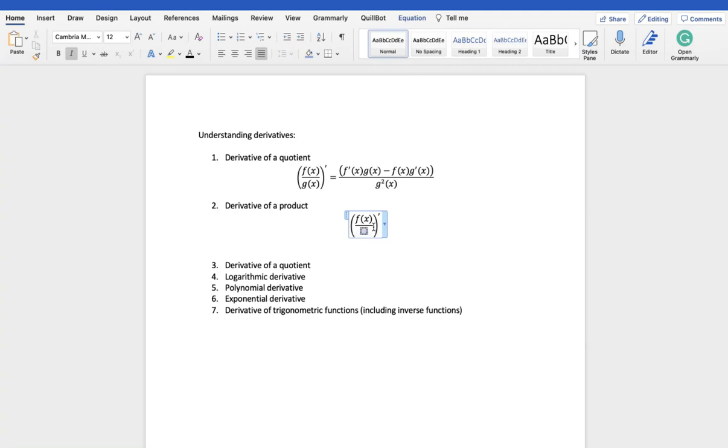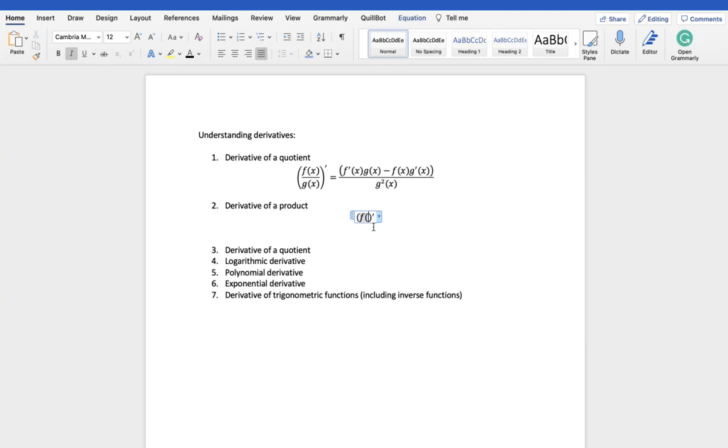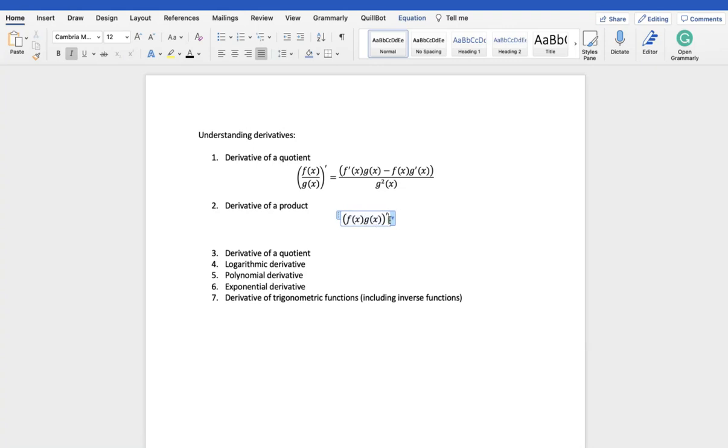Rather than the quotient, let's say we have the product of two functions, f of x and g of x. Once again, f of x and g of x can be any functions. This is the good thing about these general forms: you can apply them to basically all sorts of functions.